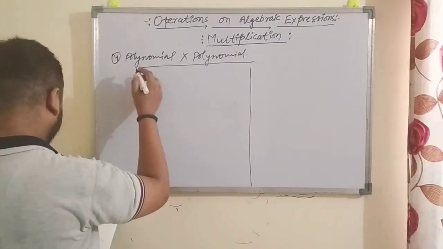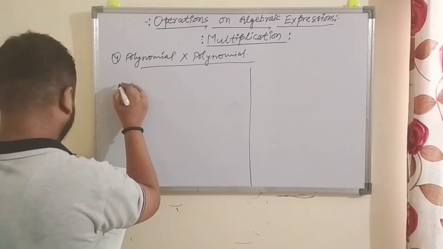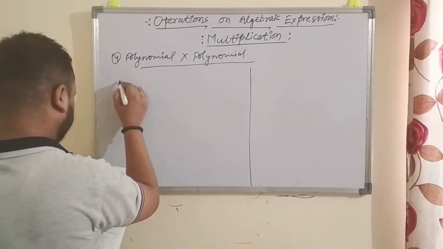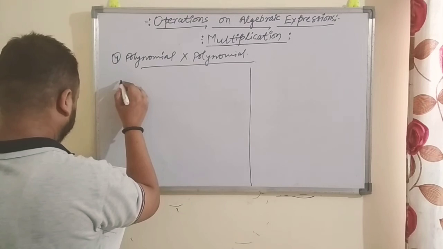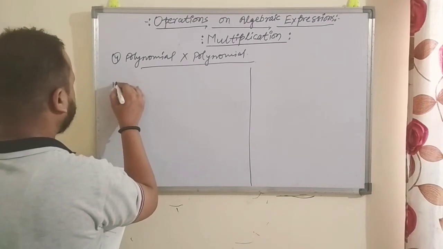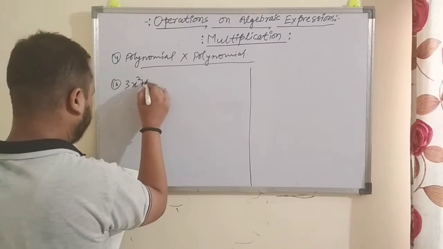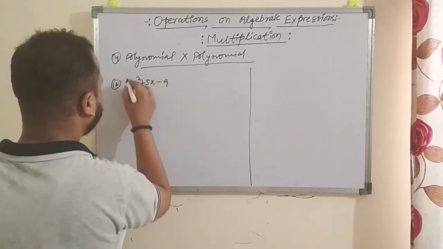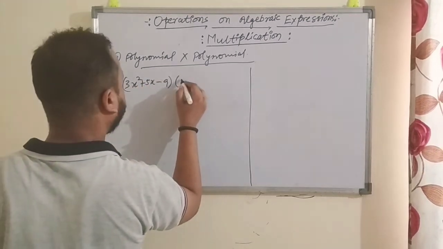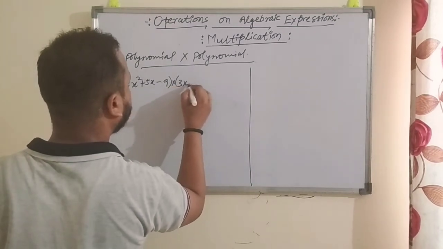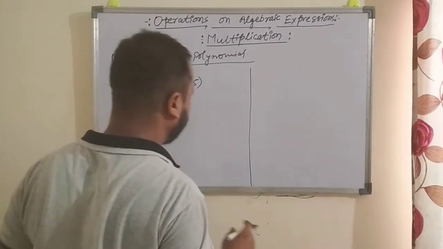First one is, suppose it is given as, question number 16: 3x square plus 5x minus 9. It is being multiplied with 3x minus 5, right?